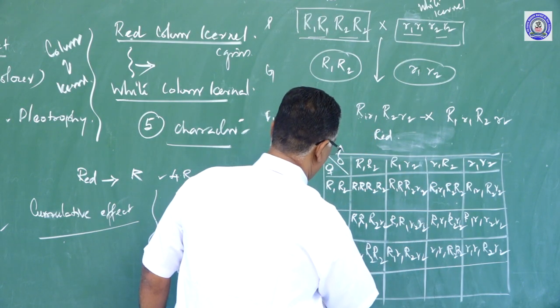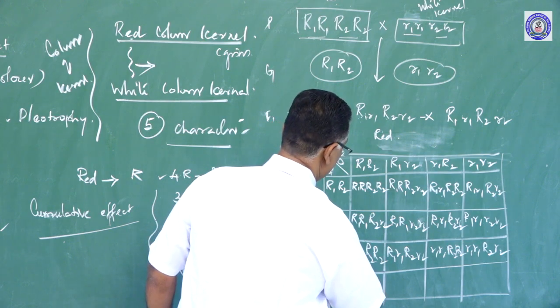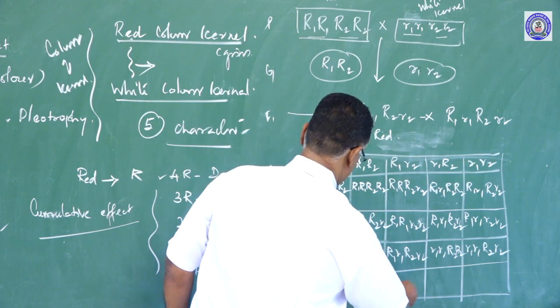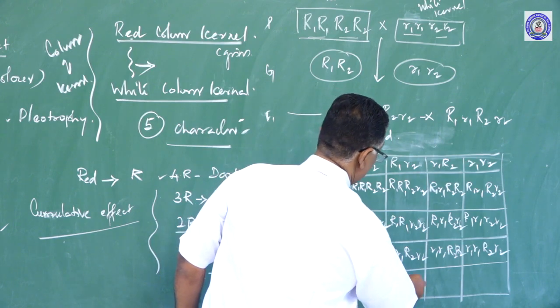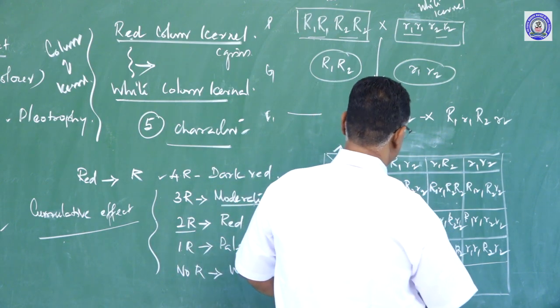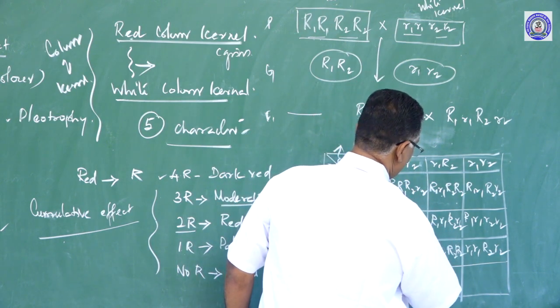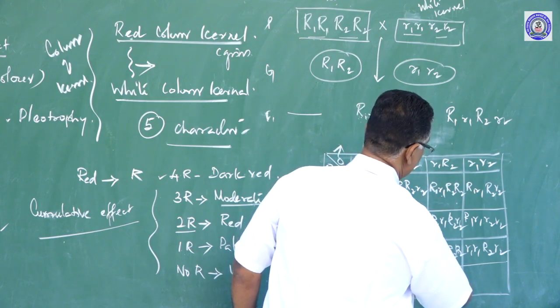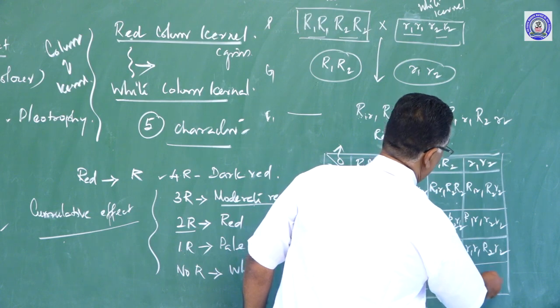Next, capital R1 small r1 capital R2 small r2, capital R1 small r1 small r2 small r2, small r1 small r1 capital R2 small r2, and small r1 small r1 small r2 small r2.